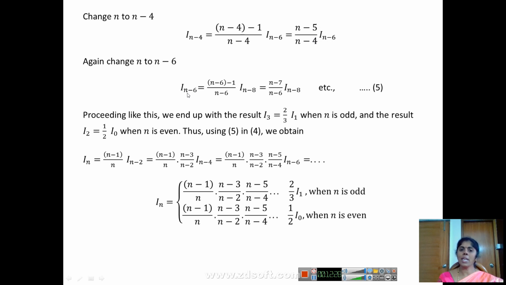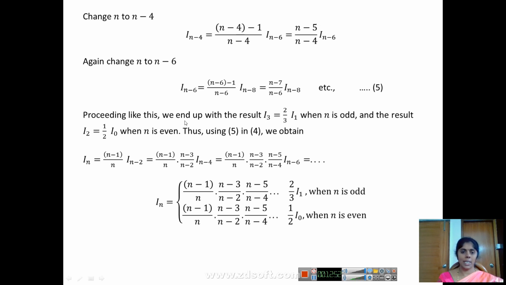Again it yields the result I_(n-6) equals (n-6-1) divided by (n-6) into I_(n-8), which is equal to (n-7) divided by (n-6) into I_(n-8). So let us consider this equation 5.